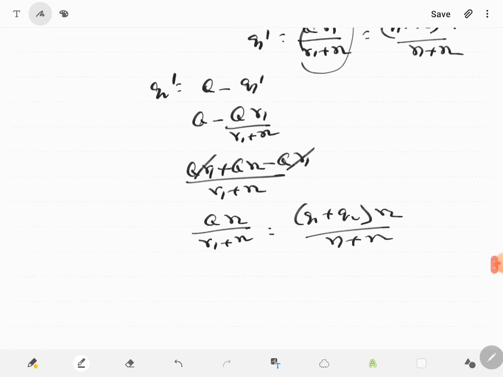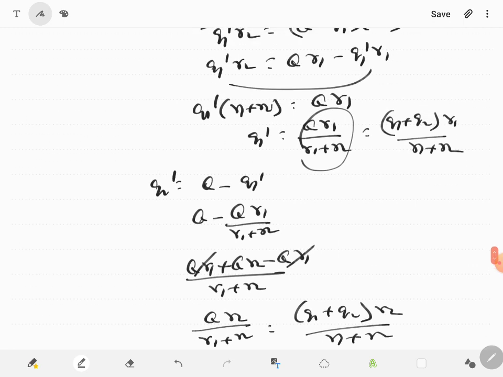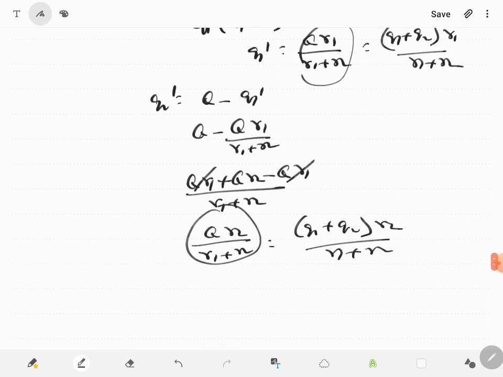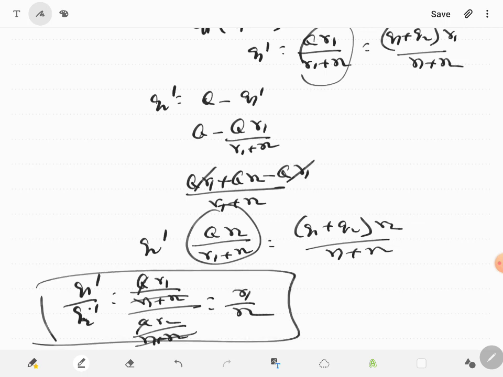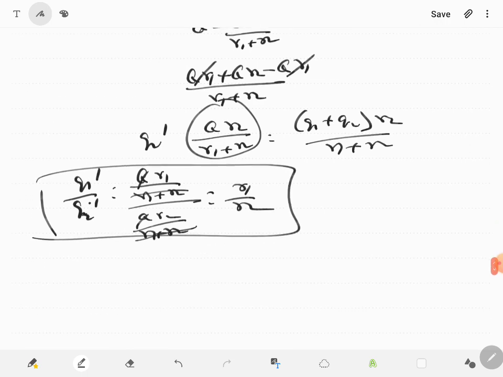So thus you get q1 dash and q2 dash. You can even keep it as Q only. This is also fine. And if they ask you the ratio between q1 dash by q2 dash, it's Q r1 by r1 plus r2 divided by Q r2 by r1 plus r2. So it will still be r1 by r2, which is the same as what we got previously. There's no change. It's still the new charges, and it's the same ratio as the radii.